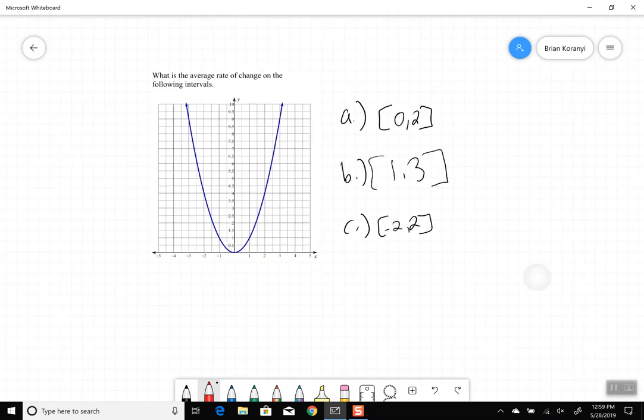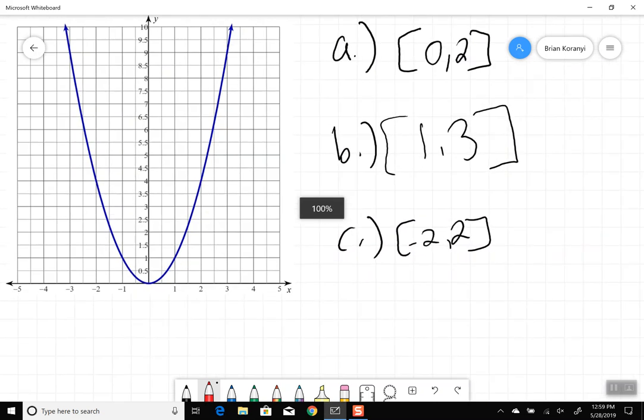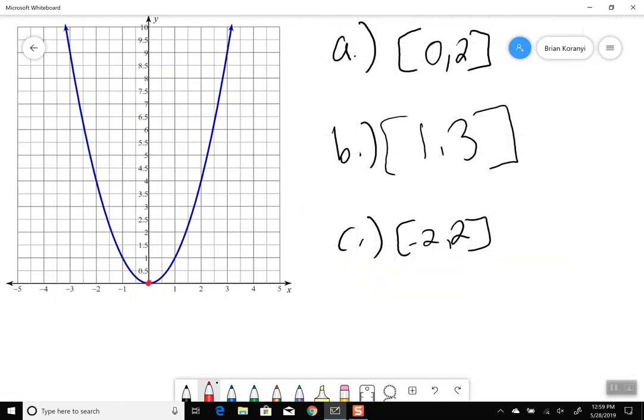And then what is the average rate of change on the following intervals? So from rise over run. So from 0 to 2 is the first one. So the rise over run, I rose 1, 2, 3, 4. And I ran 2. So that's going to be a slope of 2. From 1 to 3 will be from here to here.